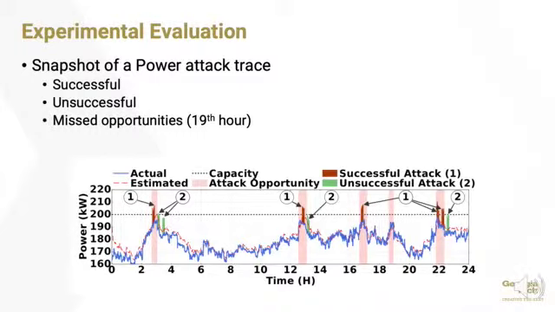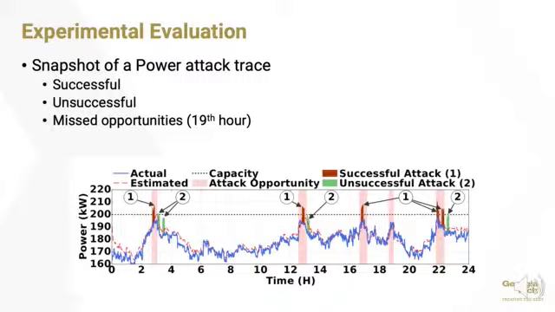To illustrate what would happen if attacks had been launched based on the strategy in this paper, let's look at the power trace at the bottom of the slide. We see some successful attack points labeled as 1, that can create prolonged overloads of the shared capacity. Now, an actual outage may not always occur after the overloaded capacity, but these show the best times to create an attack.